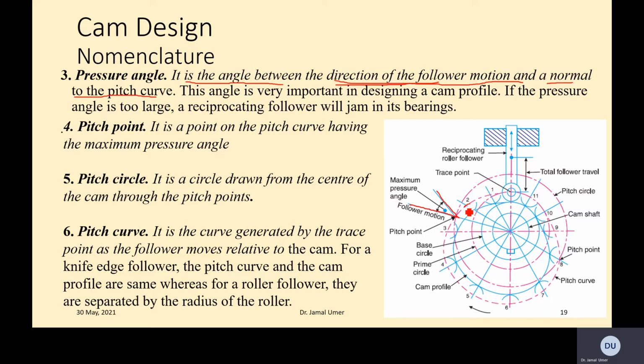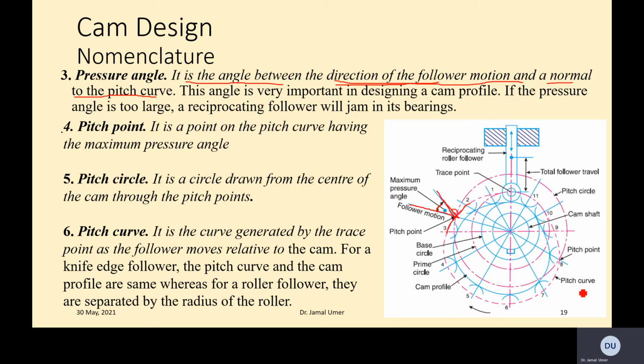That's the pitch curve we have already known. You know the normal is at 90 degrees to the tangent, so when you have one tangent and one normal, this is the normal on the pitch curve.